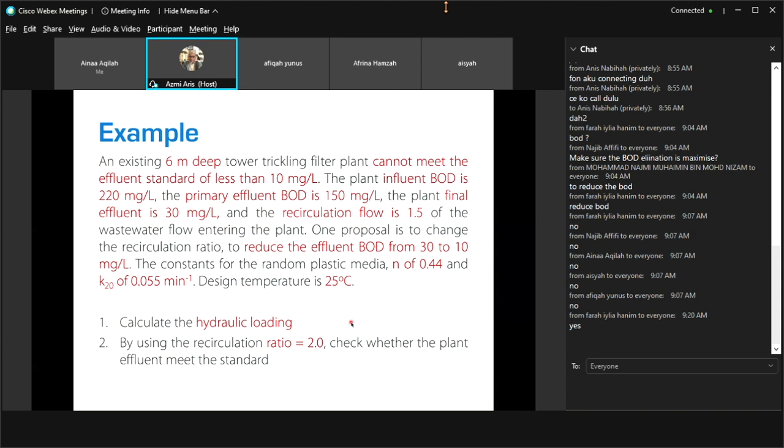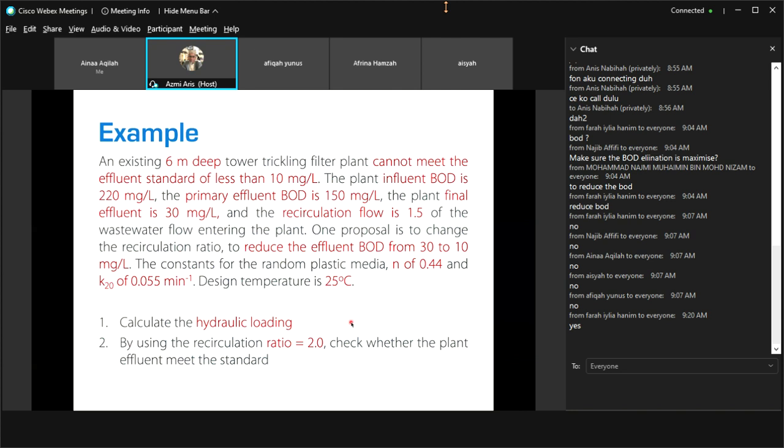One proposal is to change the recirculation ratio to reduce the effluent BOD from 30 to 10 milligram per liter. The constant for the random plastic media N equal to 0.44 and K20 of 5 per minute. The design temperature is 25 degrees Celsius.